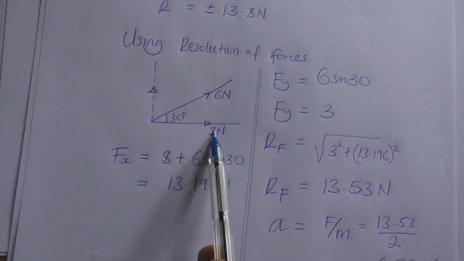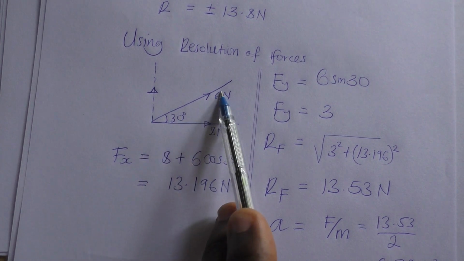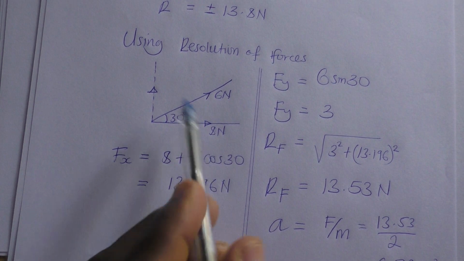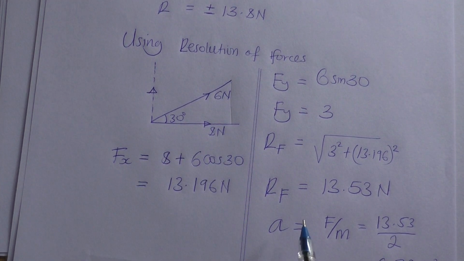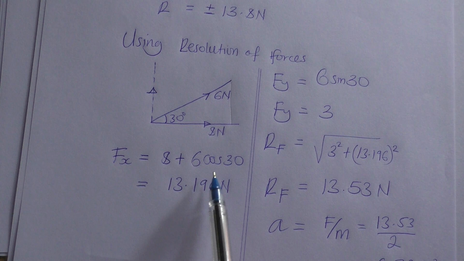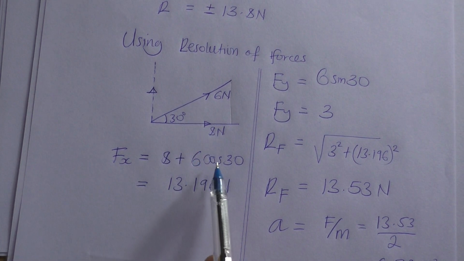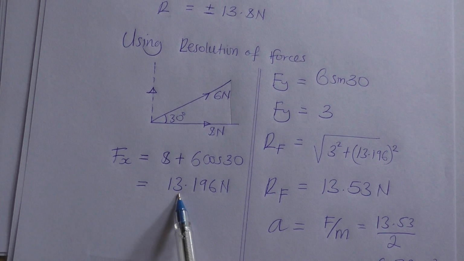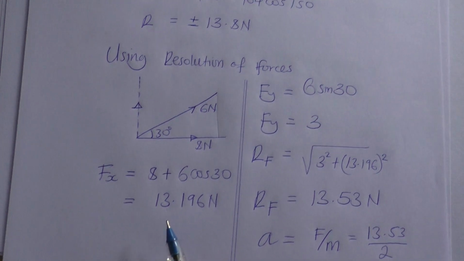That is, we have 8 is purely horizontally, but the 6 newtons has both horizontal and vertical component. The horizontal component of 6 newton is given by 6 cos 30. So we add the 8 plus 6 cos 30 to give us 13.196 newton as the horizontal component.